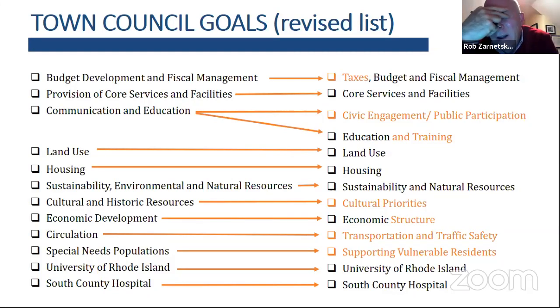It sort of gets at what's the vibe you'd like the town to have 10 years from now? What's it feel like to be a South Kingstown resident 10, 15 years from now? That's an interesting thing. I'm not sure how we encapsulate that, how we summarize that. It's about inclusion, feeling comfortable, everybody not being an outsider.